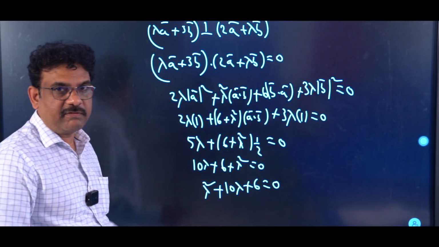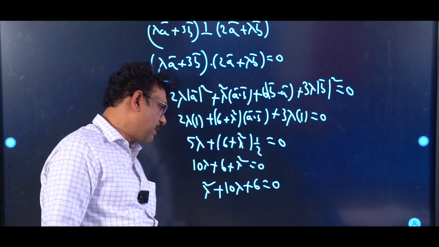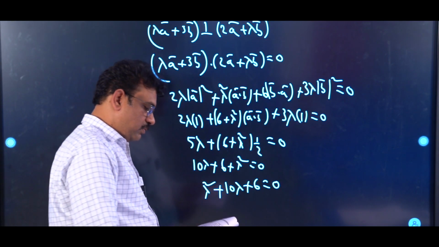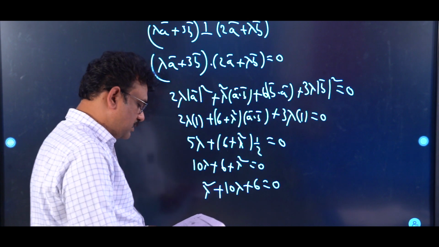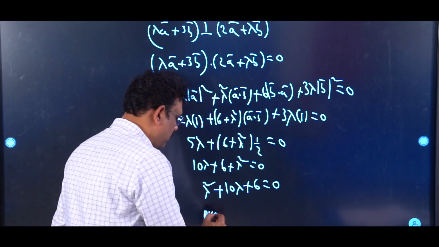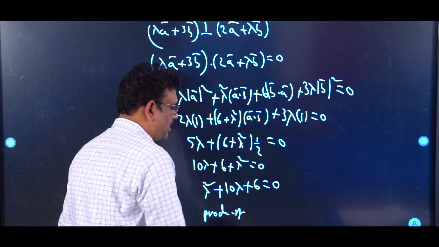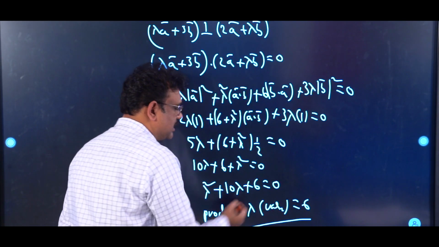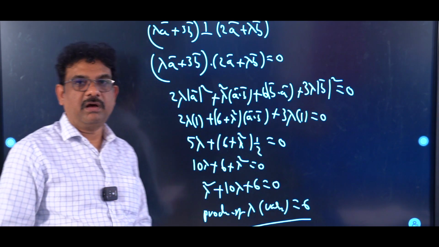This is a quadratic equation, and the product of the values of lambda is equal to 6. So the product of all possible values of lambda is 6 by 1, that is the answer 6.